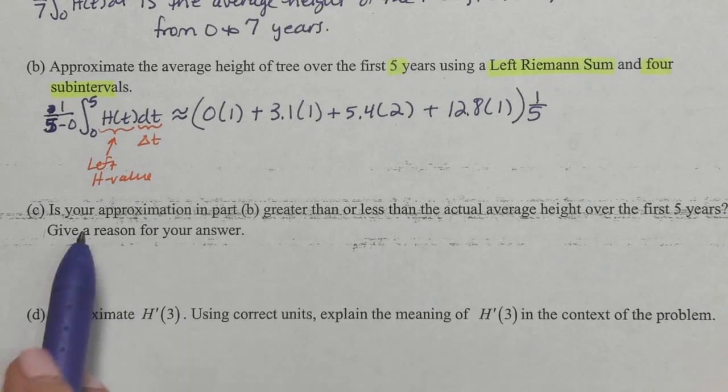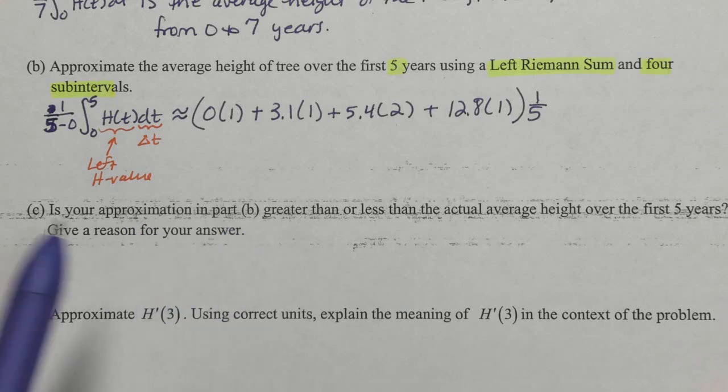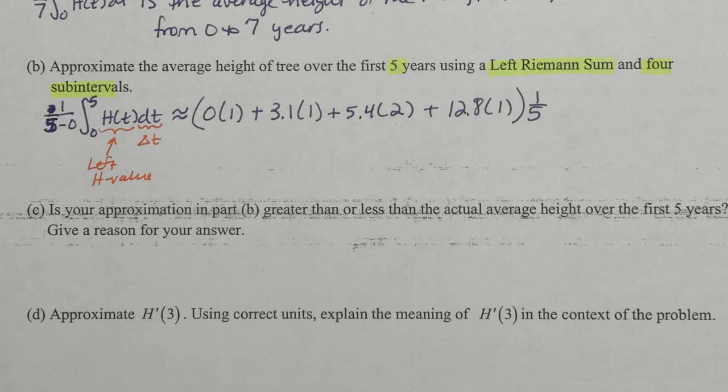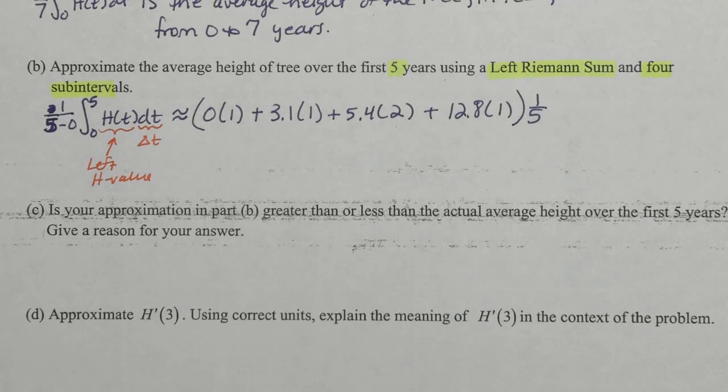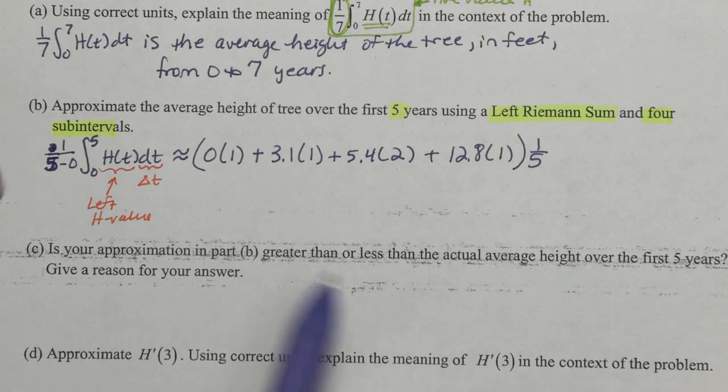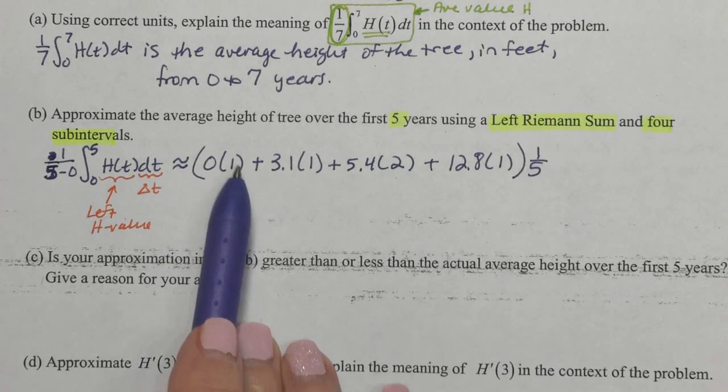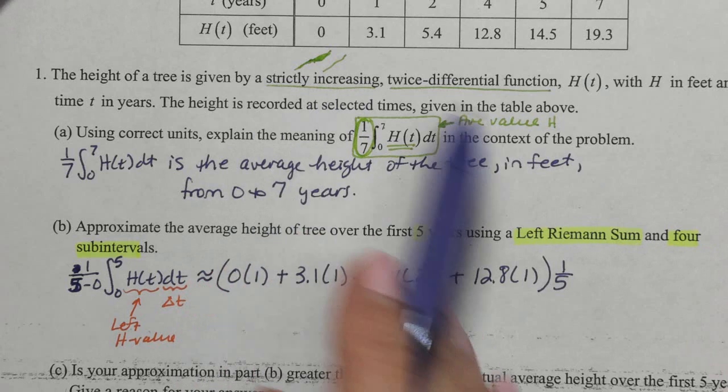Part C. Is the approximation in Part B greater than or less than the actual average height over the first 5 years? Give a reason for your answer. Okay, we used a left Riemann sum on a strictly increasing function.